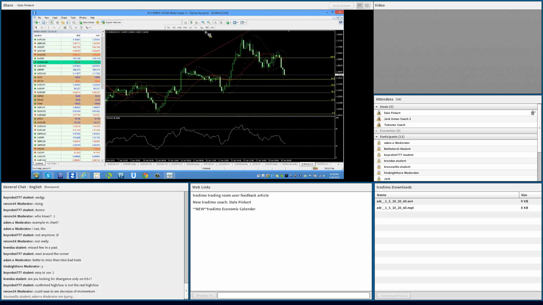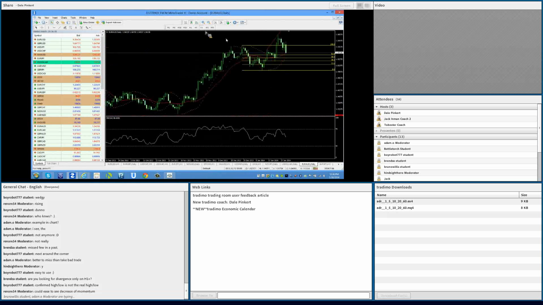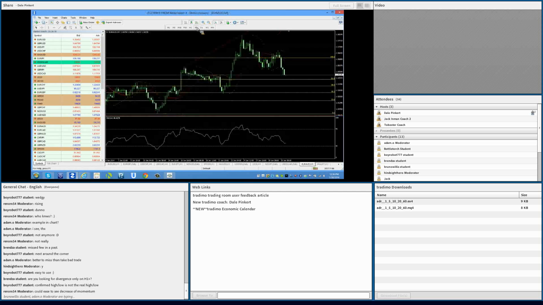Look at the EURUSD up here at the highs last week. But what bothered me about it is we still had a confirmed high up here. So perhaps there is one more push up in EURUSD.